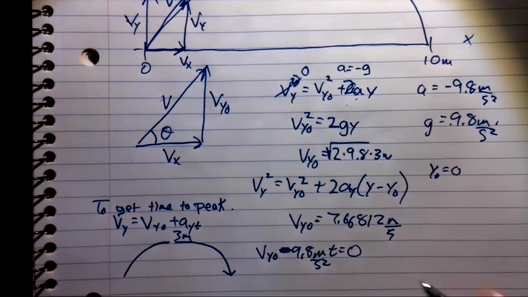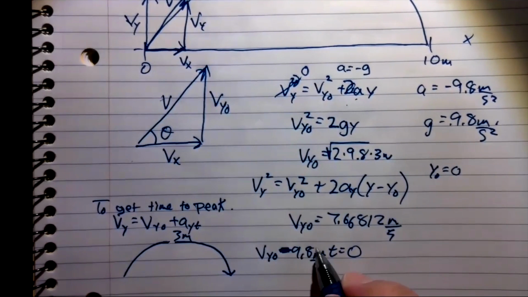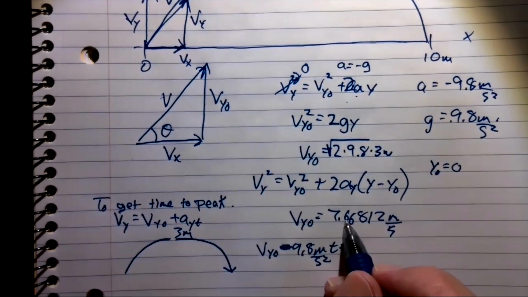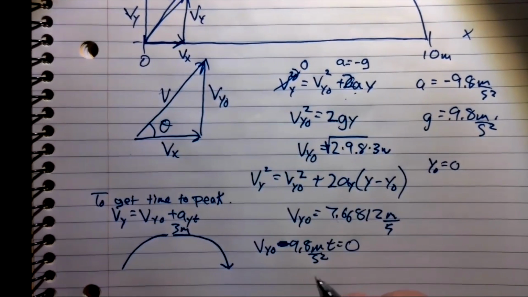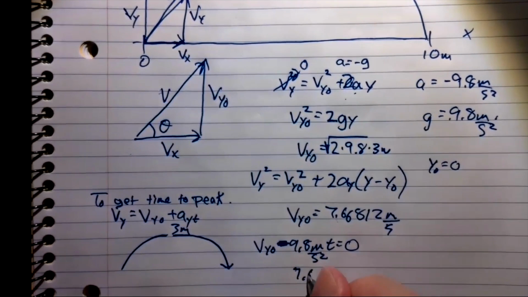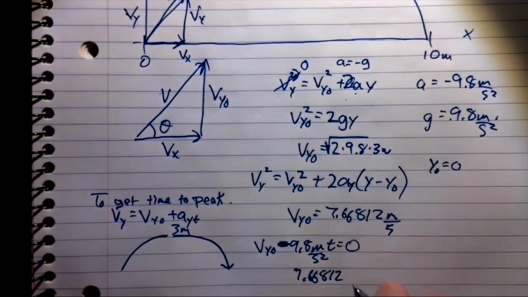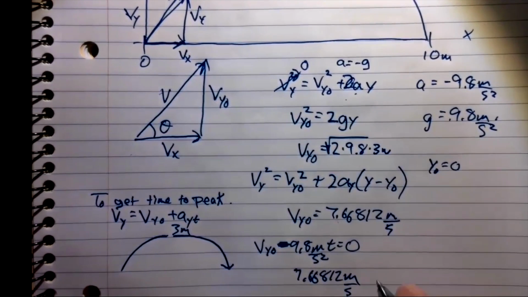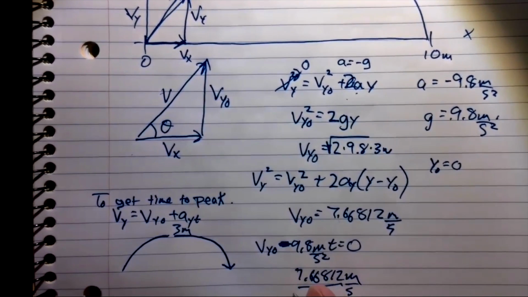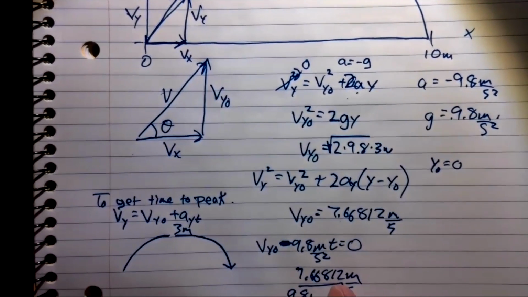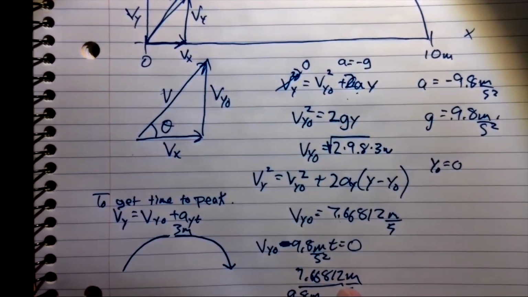Times t equals 0. I'll bring my negative 9.8 over there, it will become positive, and I have my number for Vy0 here. I'm going to put that in. Okay, so I'm going to end up with 7.66812 meters per second divided by 9.8 meters per second squared equals t.